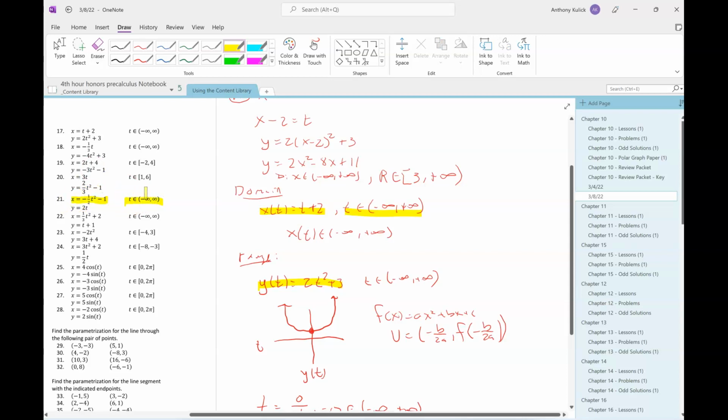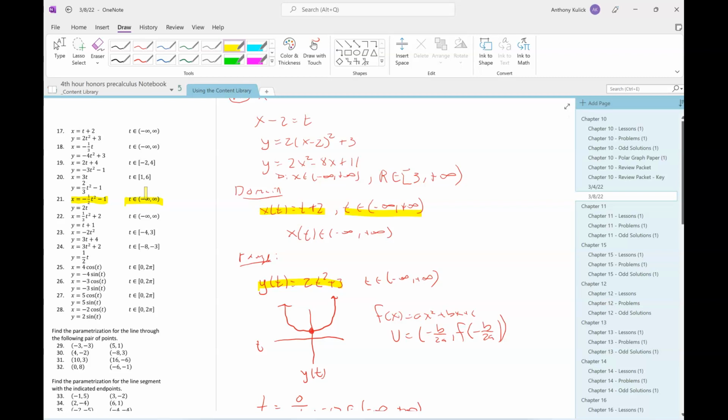So I'm just going to be using the vertex of the parabola. In that case, the vertex again is at 0. So x of 0 would be -1. So that would be -infinity to -1. That should be the domain for that, since it's a downward facing parabola. Is that okay? Yeah. Thank you.